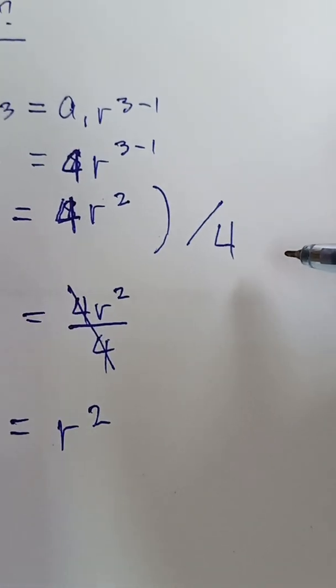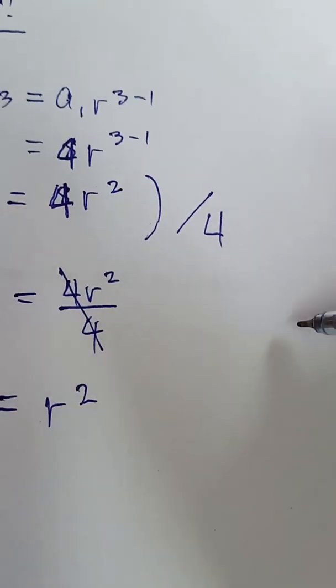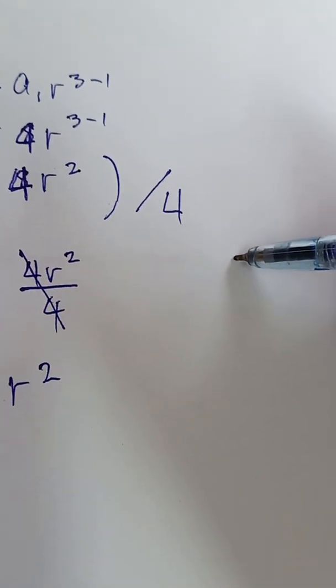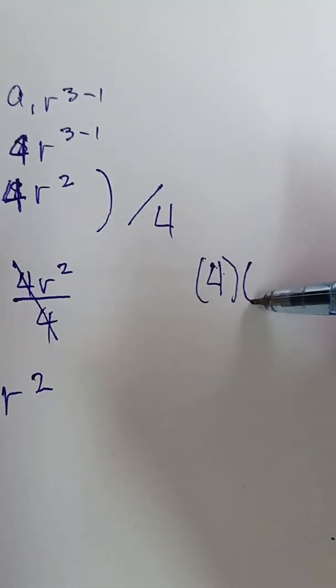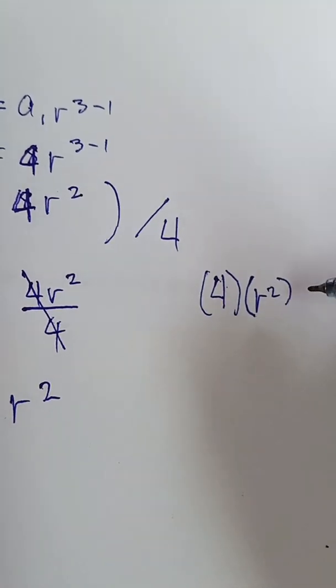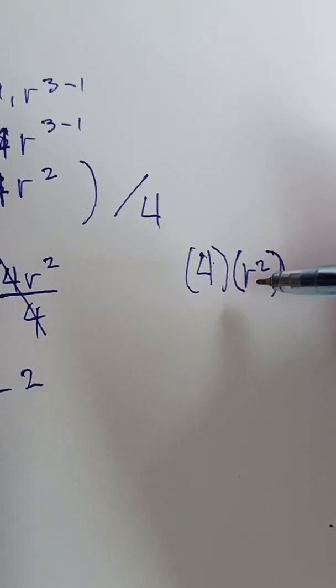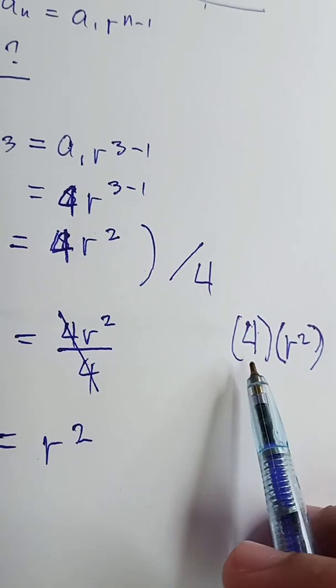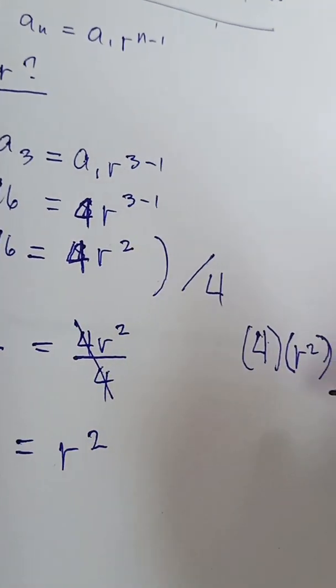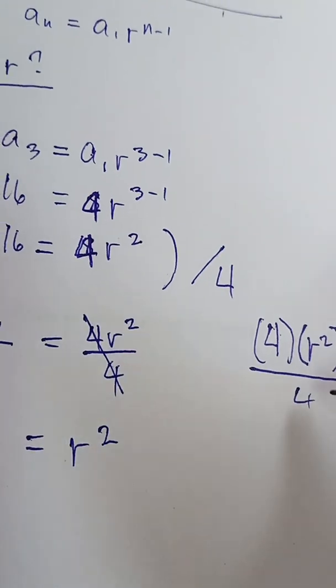So nag-cancel tayo ng 4 in the sense that if we rewrite 4r squared, you can write that as 4 times r squared. Okay? May parentheses. So as you can see, mga factors na siya pag rewrite mo ng ganyan. Then over 4, kasi over 4 doon eh.